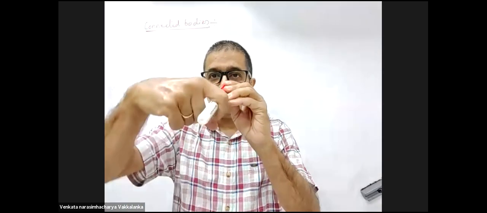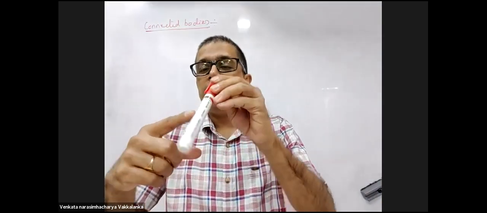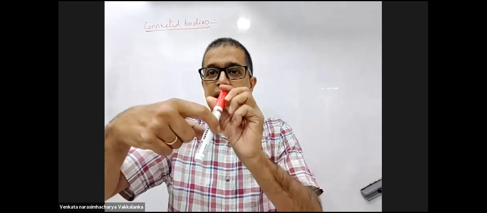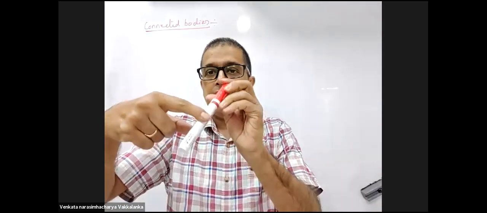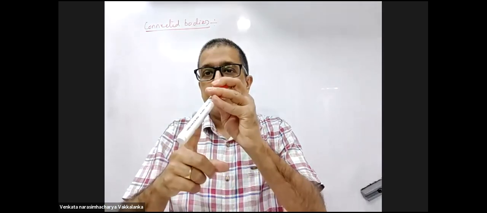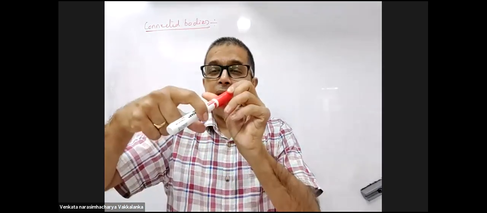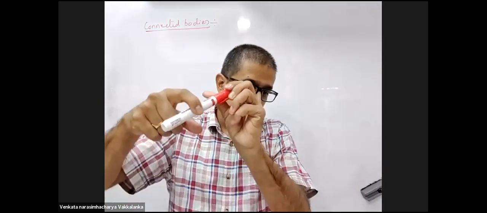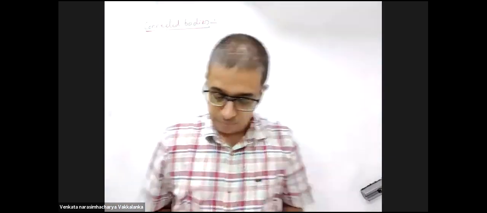In Newton's laws, this was the way the string was moving. Now, have a look. I have placed my finger on the marker. Look at the way it is moving. There is no slipping between my finger and the marker. Are you able to visualize this? Yes, sir.